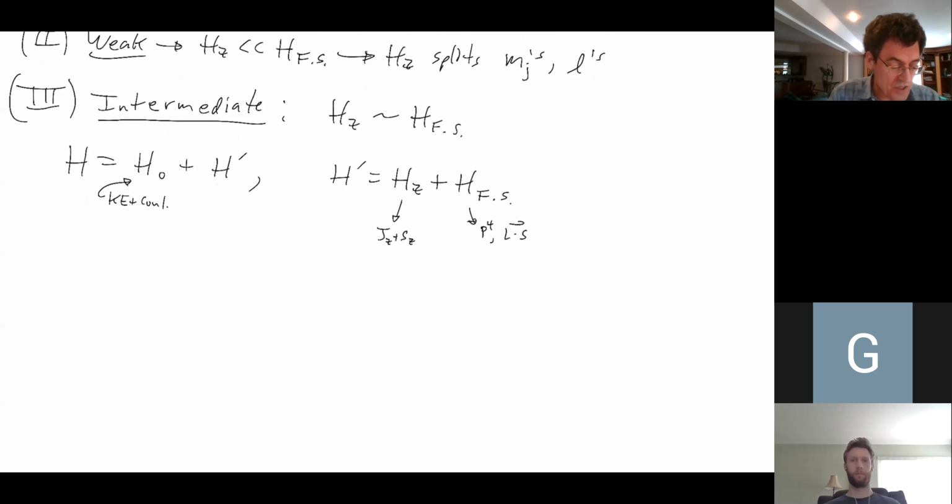So we see now that the perturbation is much more complicated.